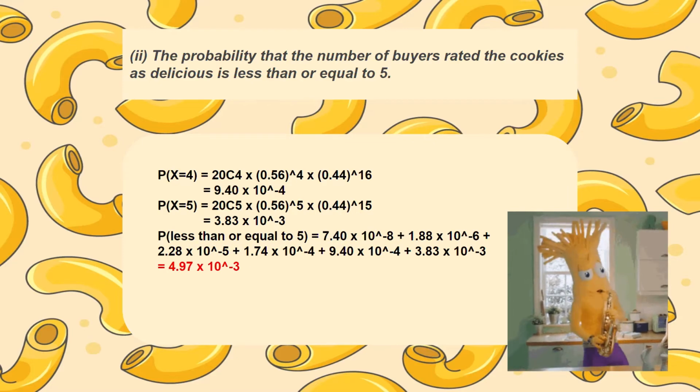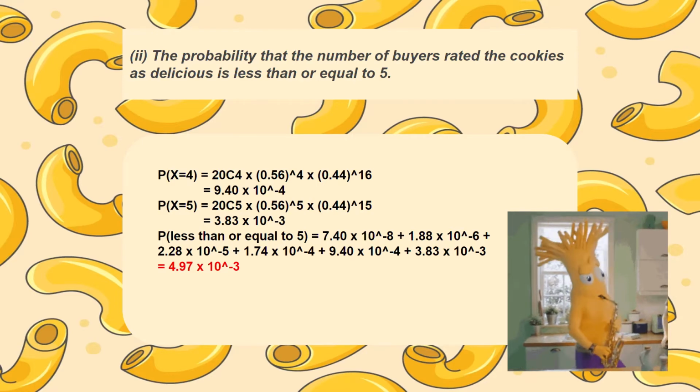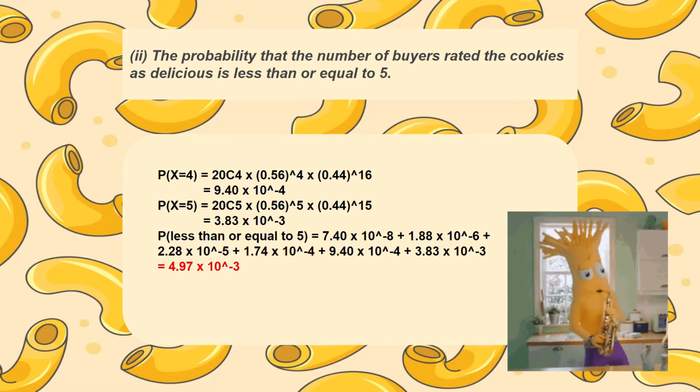After that, we sum them up together, and we get the value 4.97 times 10 to the power of minus 3. So, in conclusion, the probability that the number of buyers rating the cookies as delicious is less than or equal to 5 is only 4.97 times 10 to the power of minus 3.